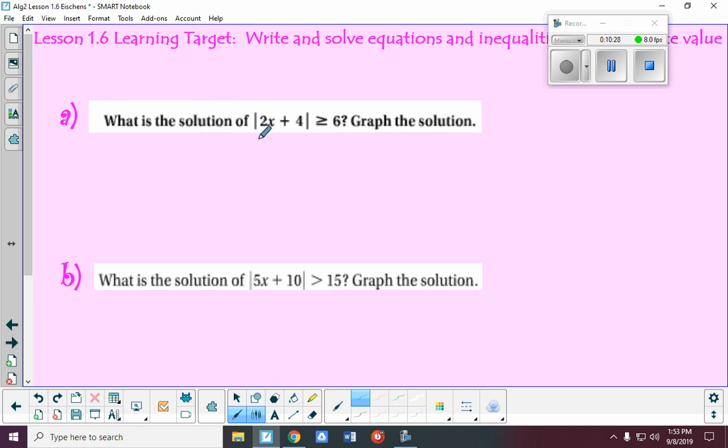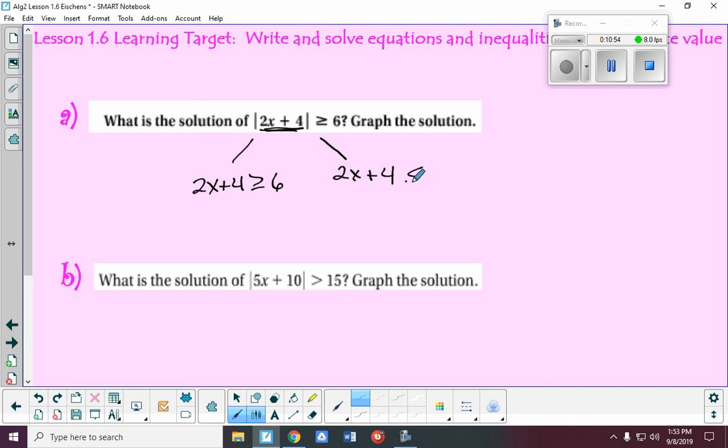So you have the absolute value of 2x plus 4 is greater than or equal to 6. So that's an "or." Again, kind of like before, we write what's inside the absolute value. Whatever this value is, it's going to be greater than or equal to 6. Or, remember, we have to look at the other direction of the number line.